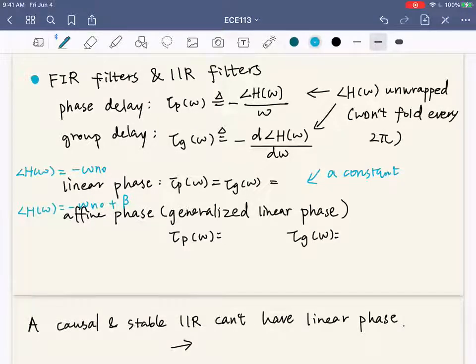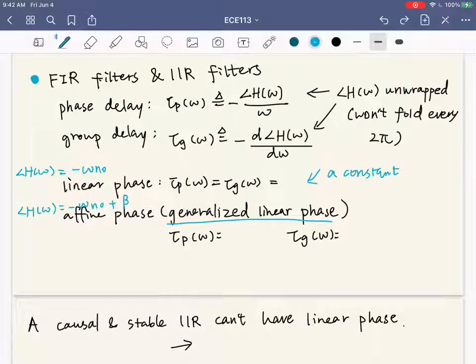And linear phase is sometimes unclear because there is a term called linear phase and another term called generalized linear phase, but usually we don't say generalized explicitly, so it will cause some confusion. In the exam, if you are unsure about the term linear phase used in the question, you can always ask the professor whether it means linear phase or generalized linear phase.